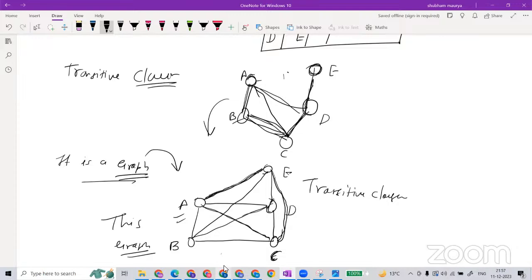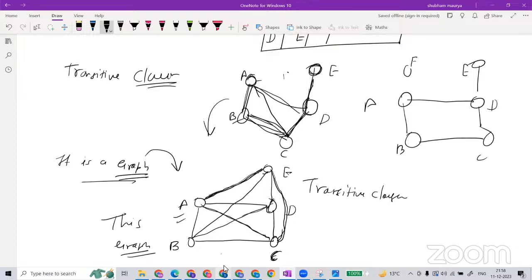Suppose I'm making another graph, exactly the same, with A, B, C, D, E, but I'm adding an extra vertex F, and it is alone.